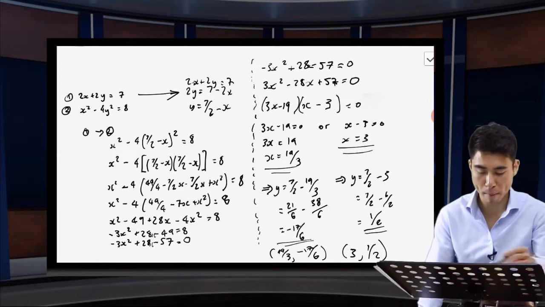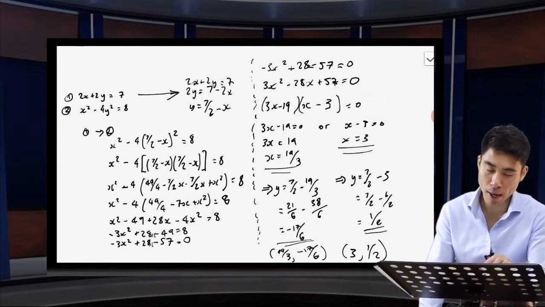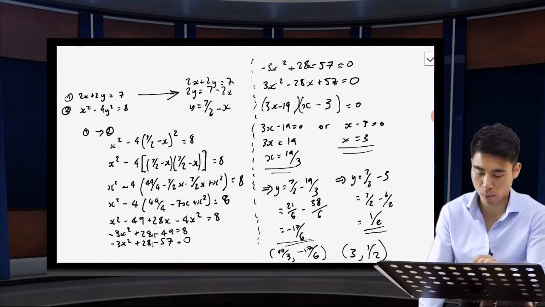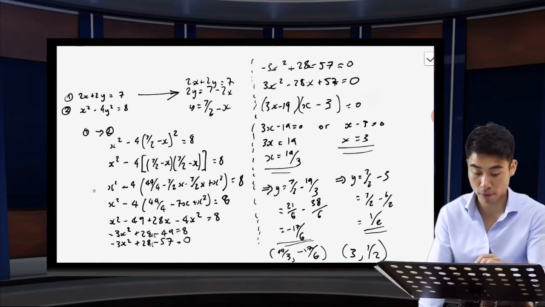So key points to remember. Just remember here, you can actually make life easier for yourself by making x the subject of this equation, in which case you don't need to expand this term here by that of 4 that's going to go in front of your brackets. It does make life easier for yourself.